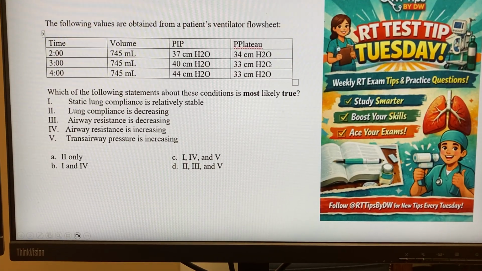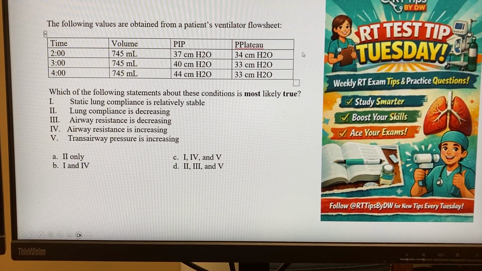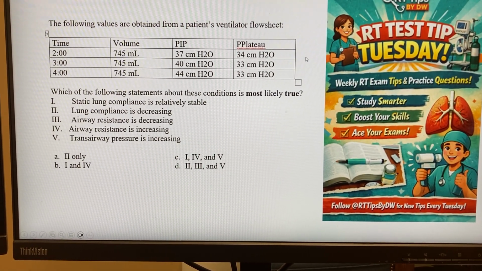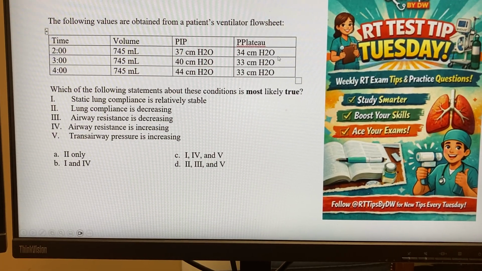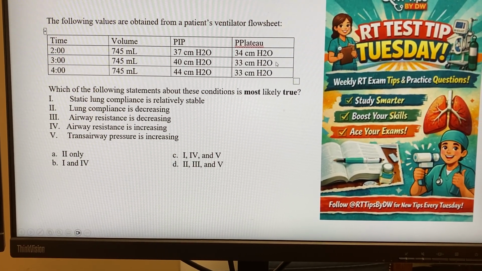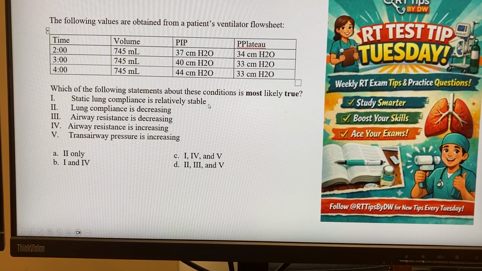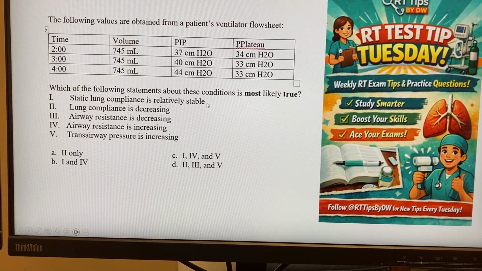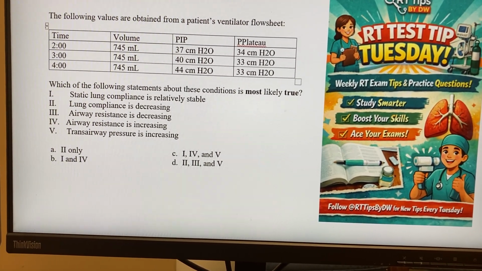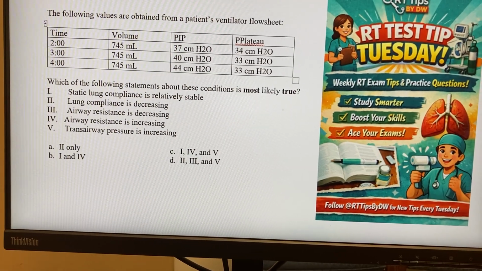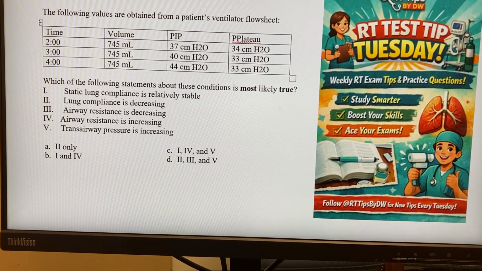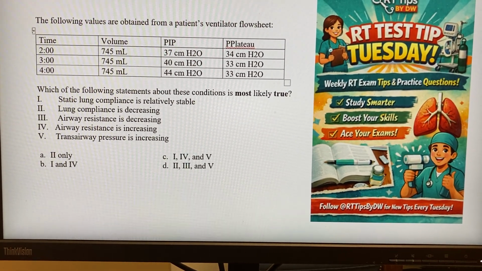We're not given PEEP, but we can deduce that maybe it's not changed. So the fact that we've got a relatively stable plateau pressure lets us know that our overall static lung compliance, for the most part, is relatively stable. So I would include answer choice 1 with whatever I'm going to select. So by process of elimination, A is already out.